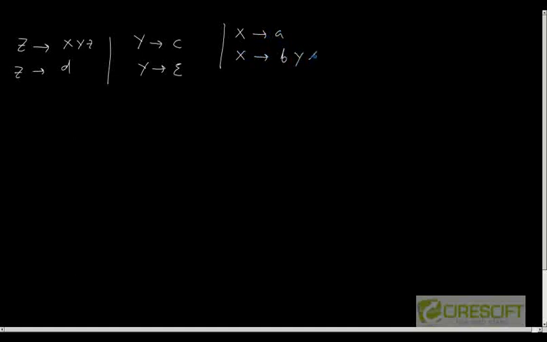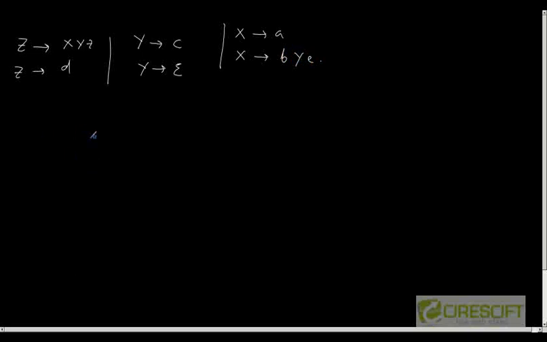Let Z be X Y Z. Z is D. Then we have another non-terminal Y as c, where c is a token, and Y can be empty, it can generate an empty string, and I have X as a and X as b Y e. So I have 6 productions.